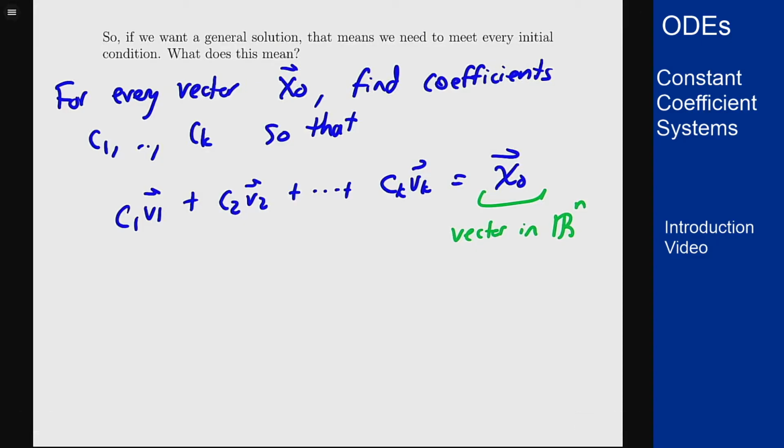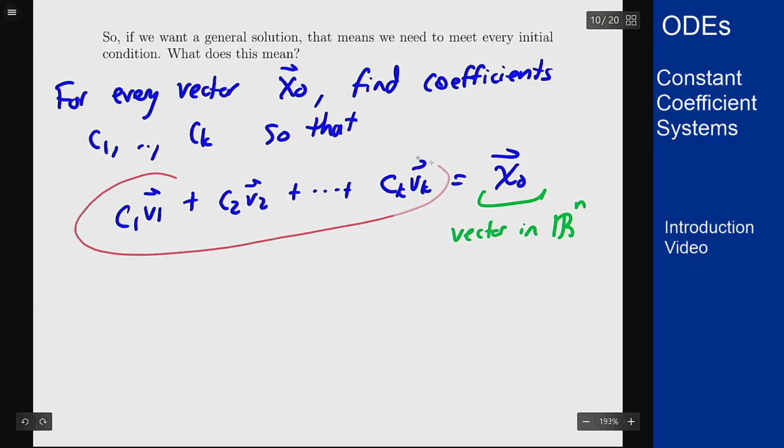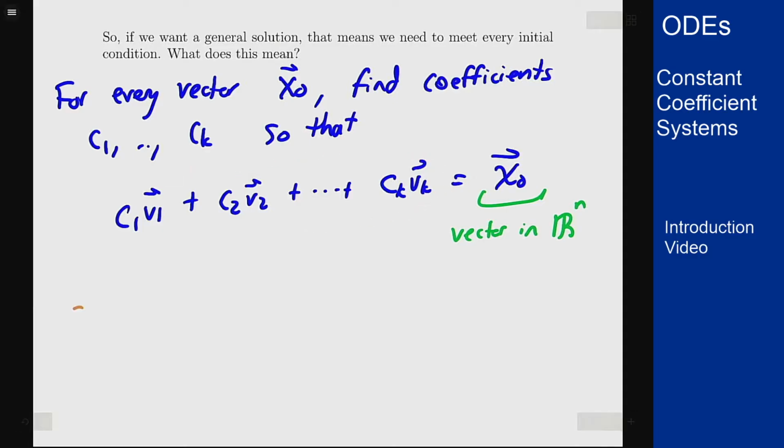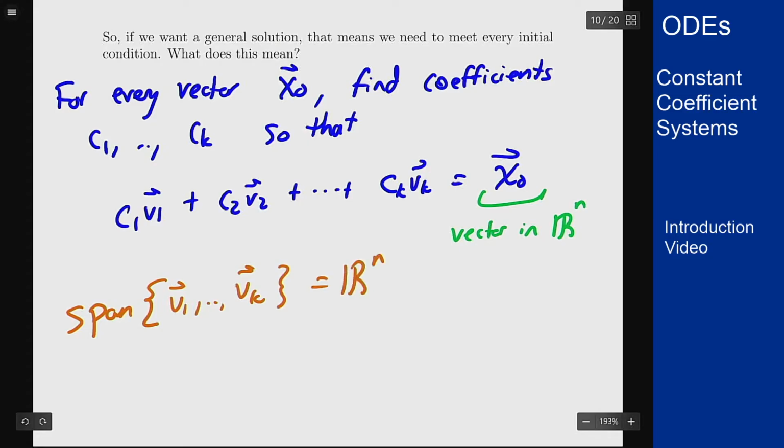I need these linear combinations to cover all of Rn, which means I need the span of v1 up through vk to be all possible n component real vectors.